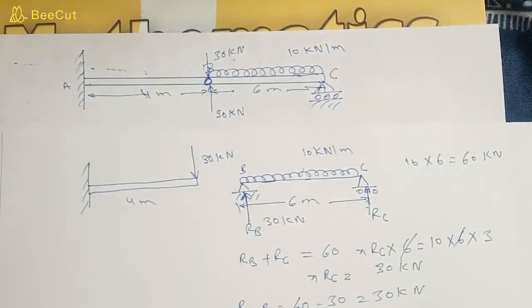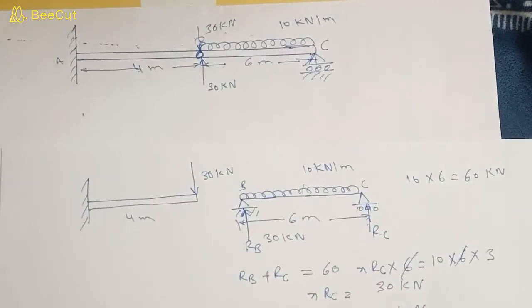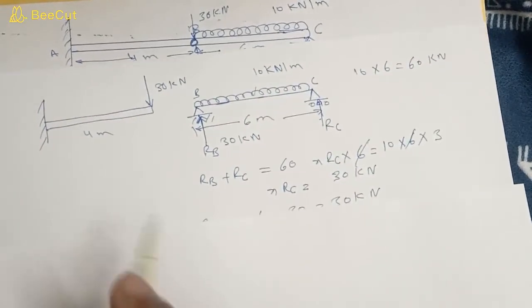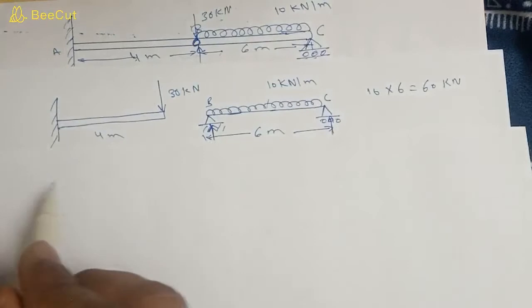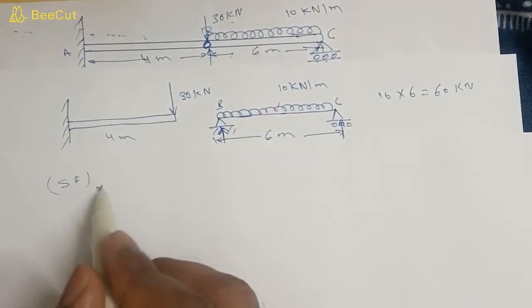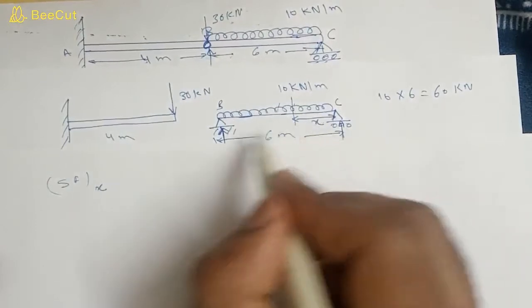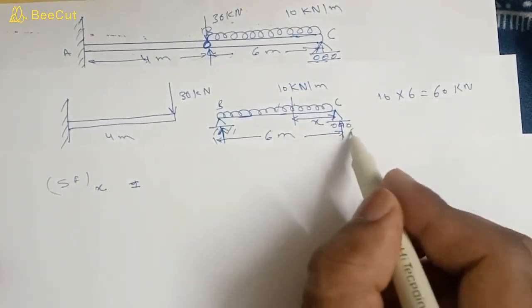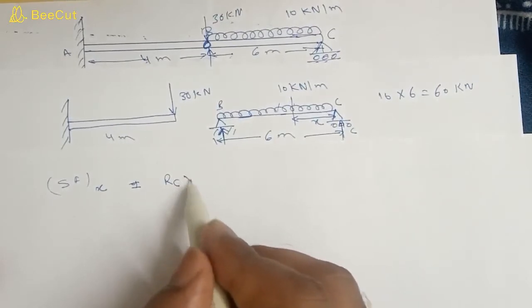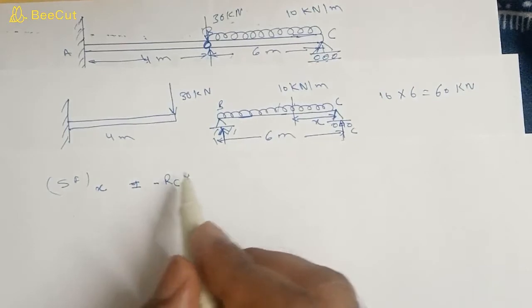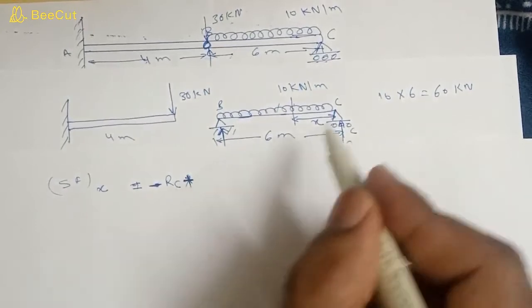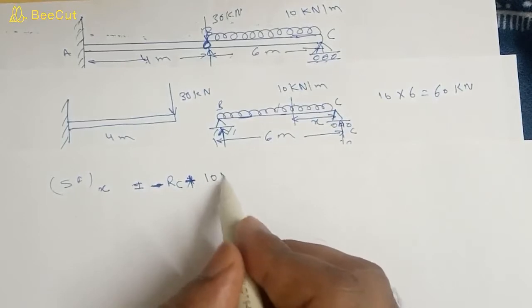So let's calculate the shear forces. For this simply supported beam, shear force at x distance, suppose this is x, is RB, this is C, RC, this will be negative as per sign convention, minus RC plus the load due to this, so this is 10 kilonewton per meter, 10 into x.